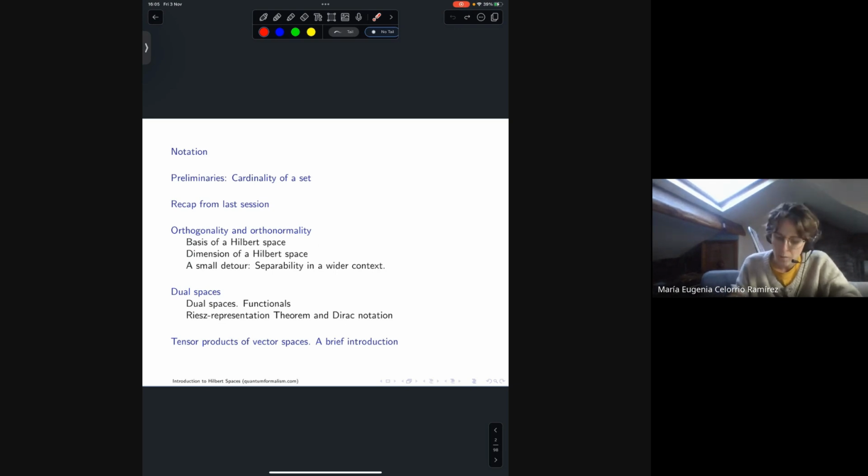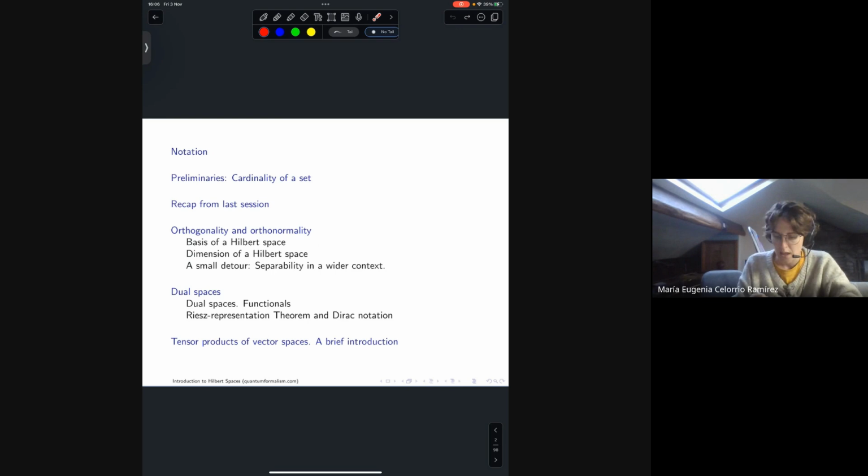Once we have gone over that, we're going to talk about dual spaces, which is really cool. For that, we need to define what functionals are. I think the coolest result today is the Riesz representation theorem, and that's going to link with Dirac notation, which I think you will be more acquainted with than I am.